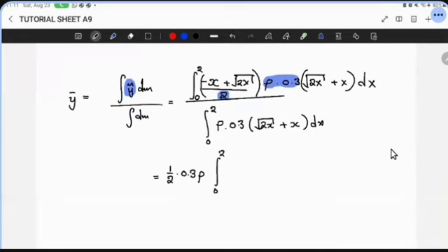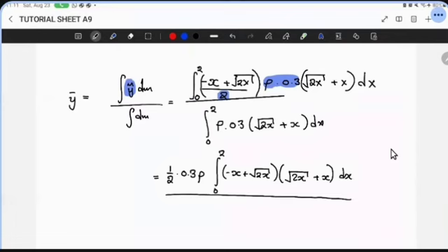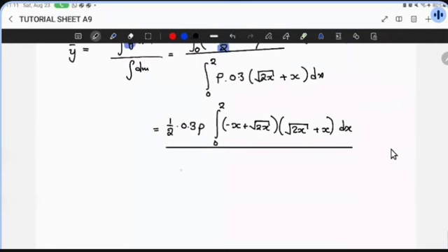So I'll have minus x plus root of 2x plus x dx. In the denominator, the density and the 0.3 will come out.